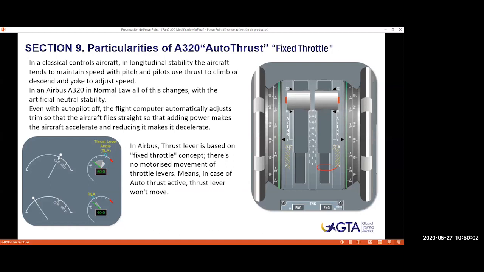Another particularity of this aircraft is the autothrust, with the idea of fixed throttle. But before this, we are going to talk a little bit about a classical controls aircraft.